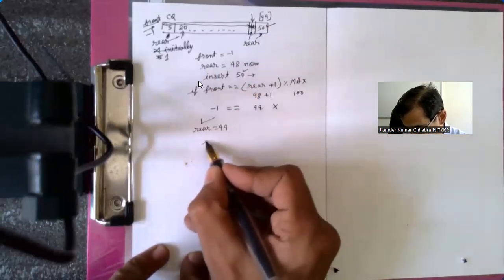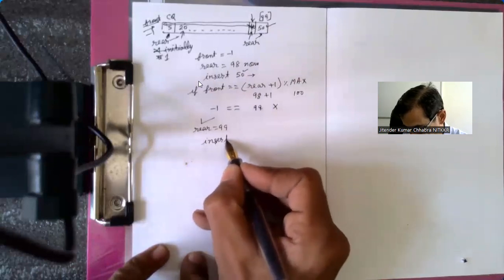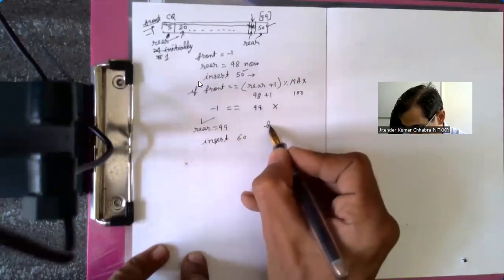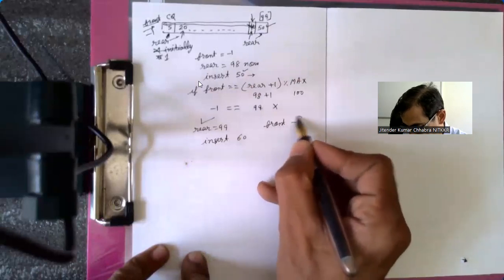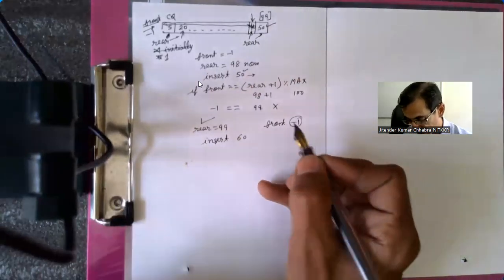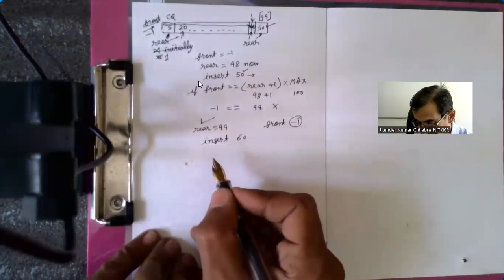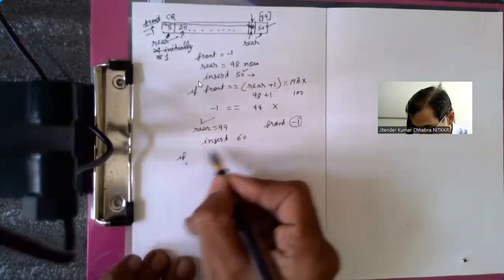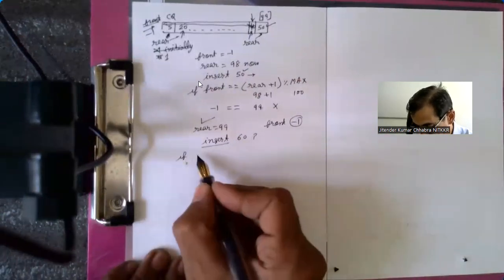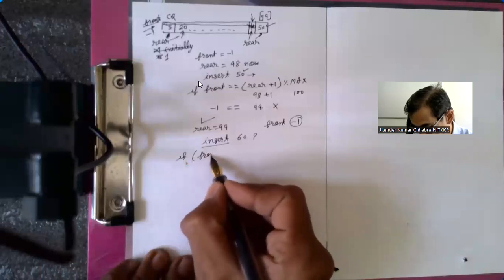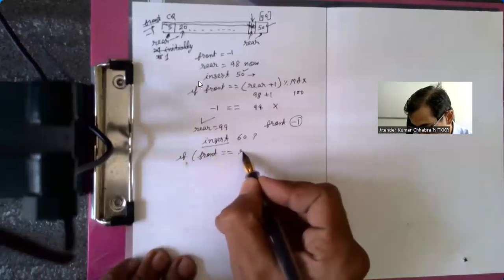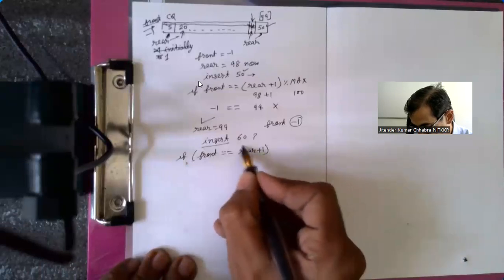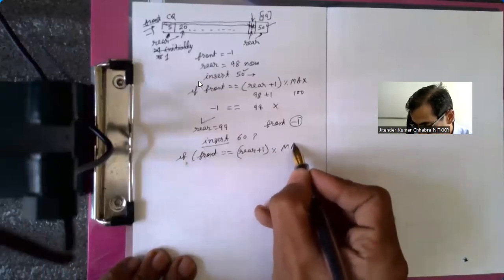Let's say insertion is attempted again. Insert 60. Front is currently -1. The queue is 100% full, not a single space left. While inserting, is it allowed or not? It will check if front equal to (rear plus 1) % max.